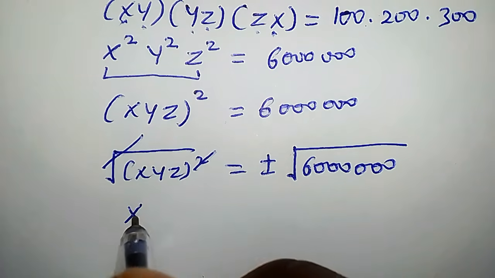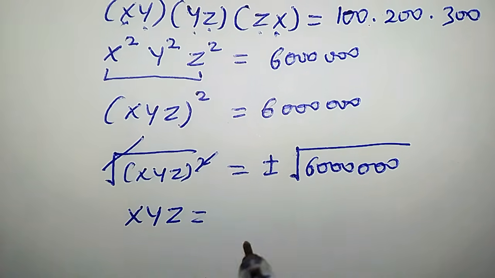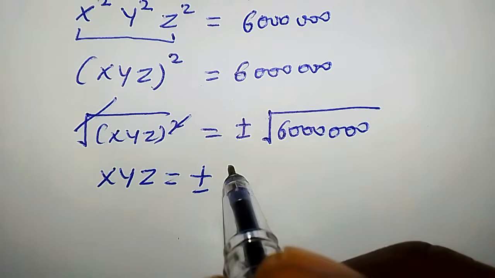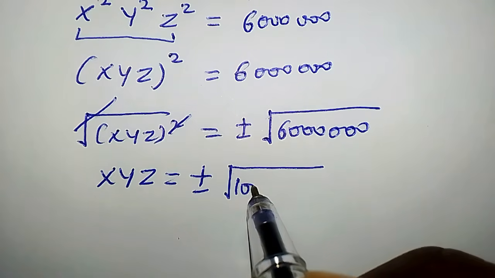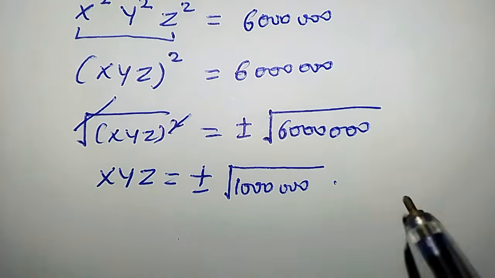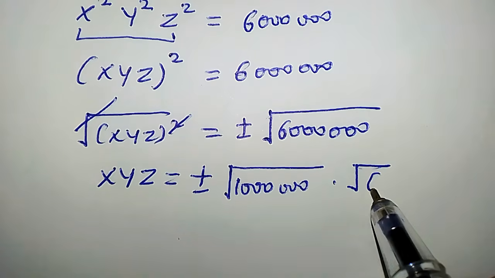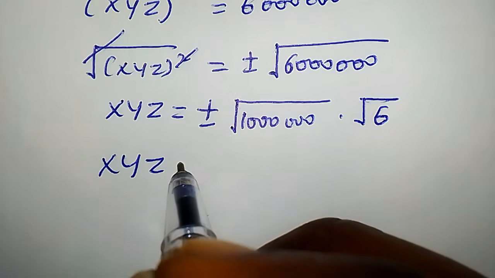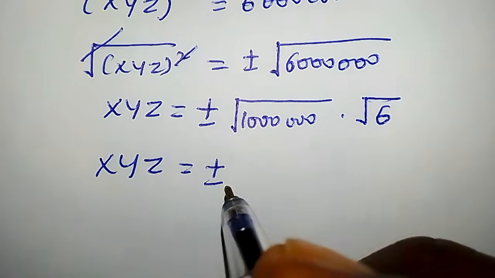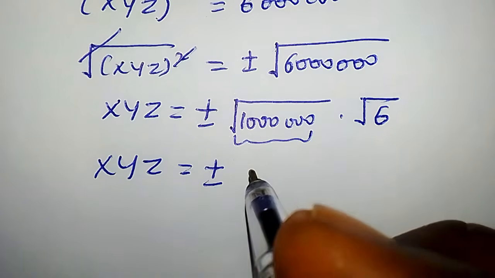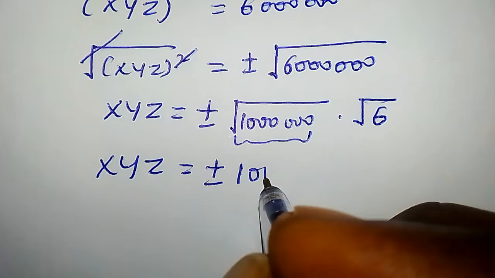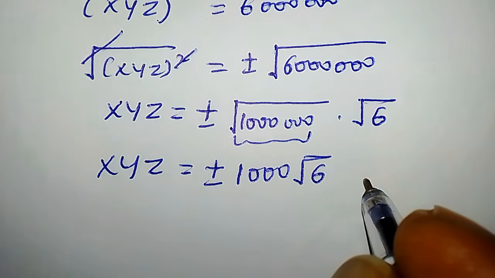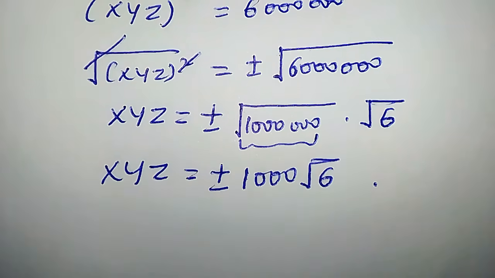We are left with xyz equal to plus or minus. I can rewrite this as square root of 1 million times square root of 6. Let's continue. xyz is equal to plus or minus. What is square root of 1 million? That is 1000 times square root of 6. Take note of this value, the value of xyz.